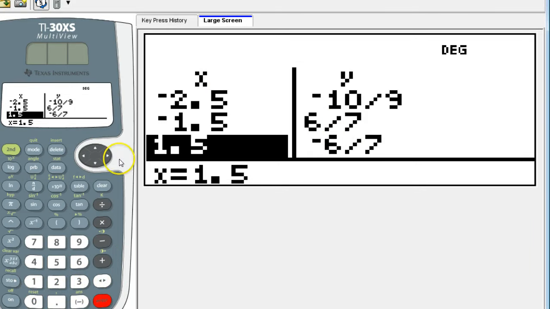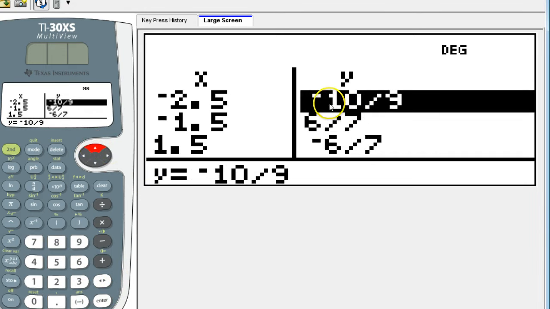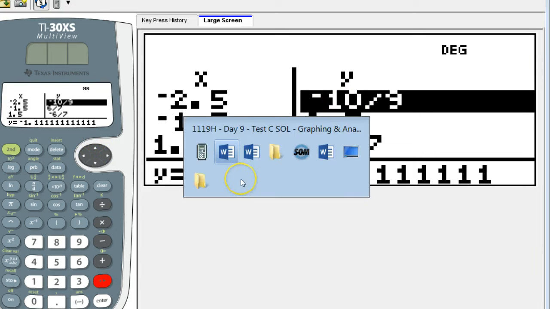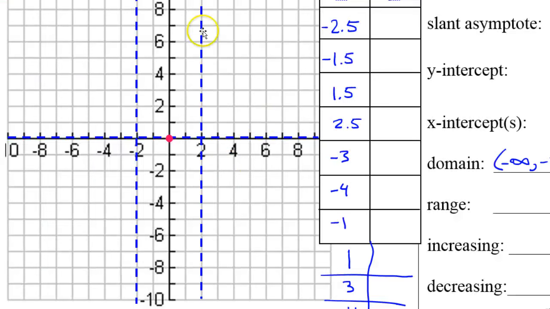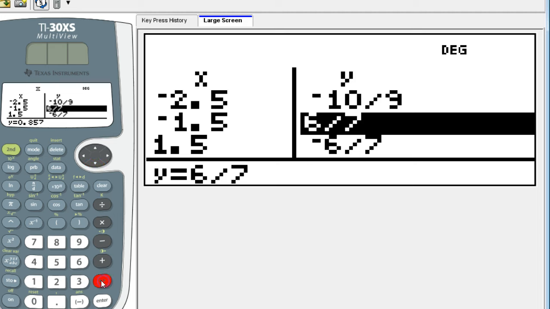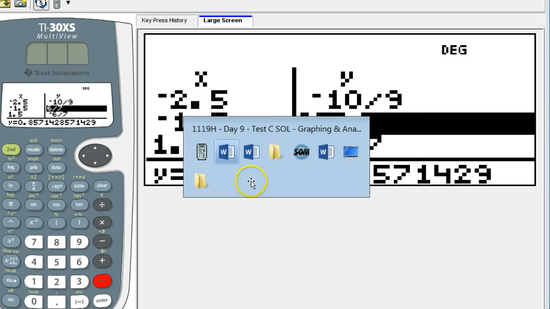Okay, so I've got these. Negative 10 over 9, that's negative 1.1. And then I already know 6/7, that's basically 0.9 if I round up.